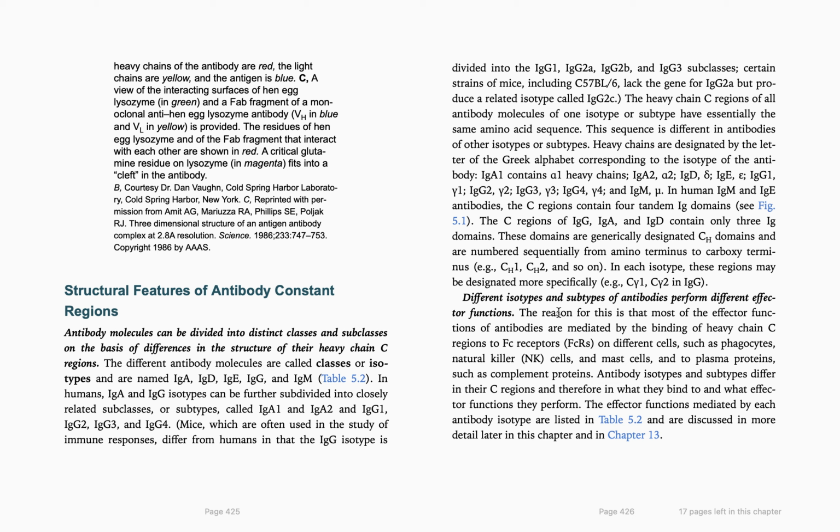Different isotypes and subtypes of antibody perform different effector functions. The reason for this is that most of the effector functions of antibodies are mediated by the binding of heavy chain constant regions to Fc receptors on different cells such as phagocytes, natural killer cells, and mast cells, and to plasma proteins such as complement proteins. Antibody isotypes and subtypes differ in their constant regions, and therefore in what they bind to and what effector functions they perform.